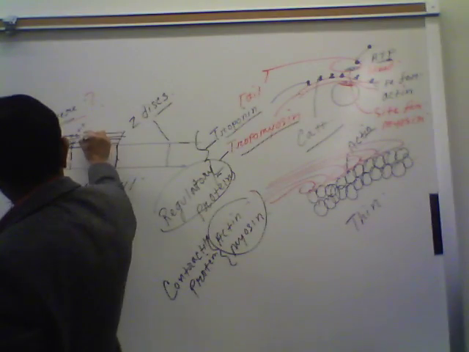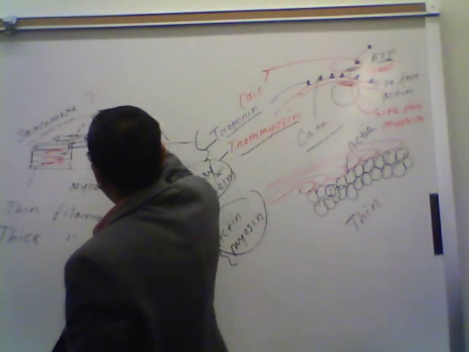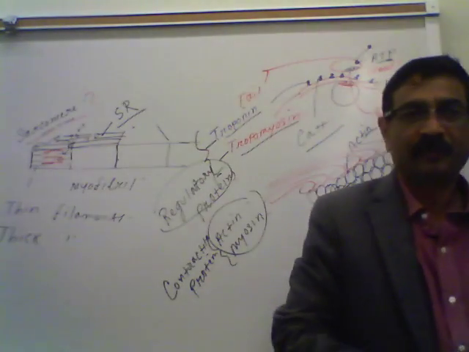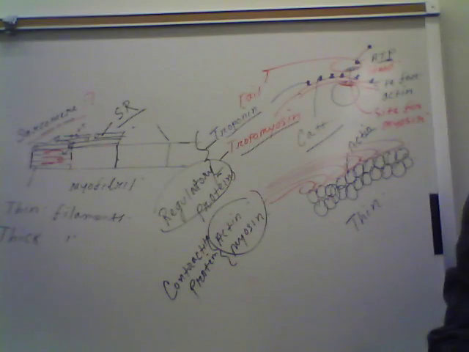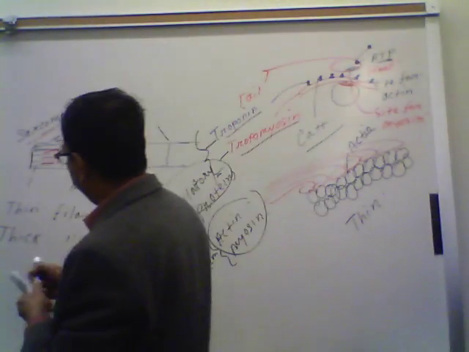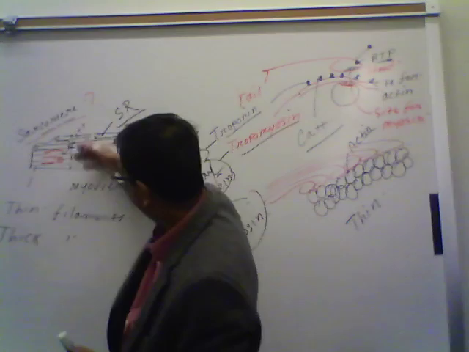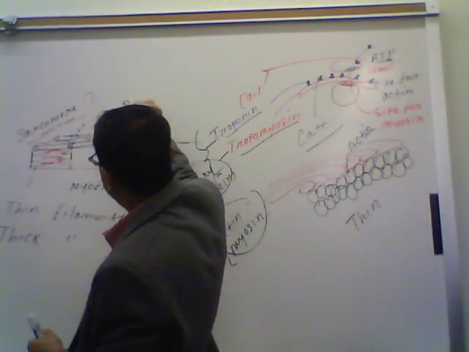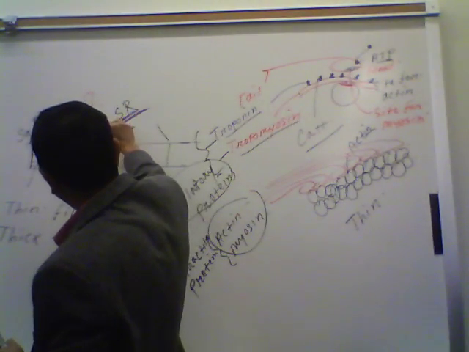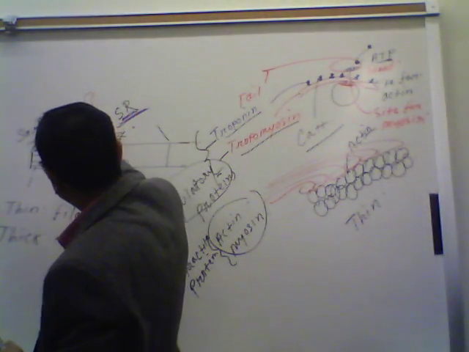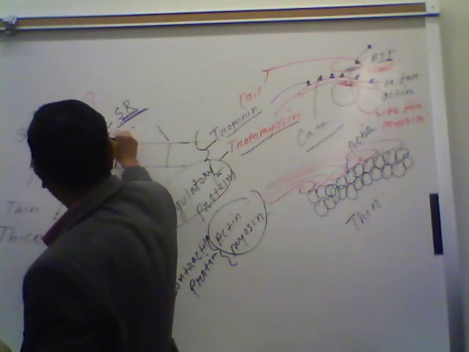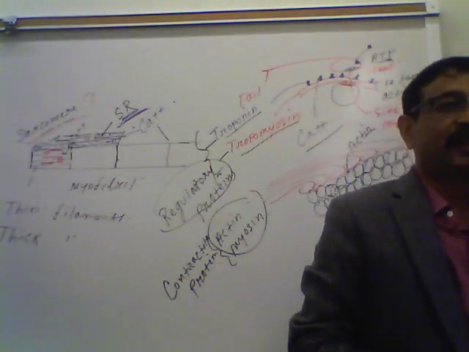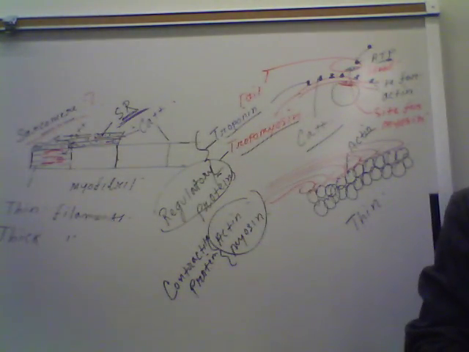And that network is called sarcoplasmic reticulum, or SR. And inside the SR, you have the calcium stored. So just around the myofibril, you have that network of tubes called sarcoplasmic reticulum, and it is filled with calcium. So that is the source of calcium.